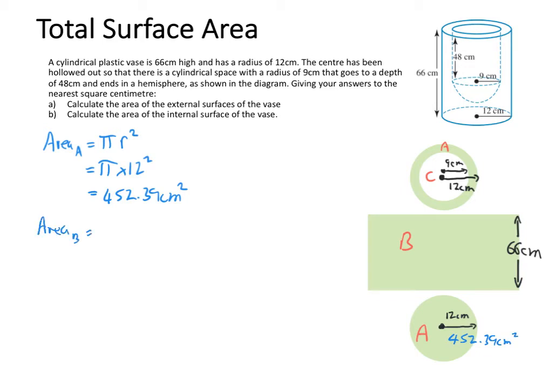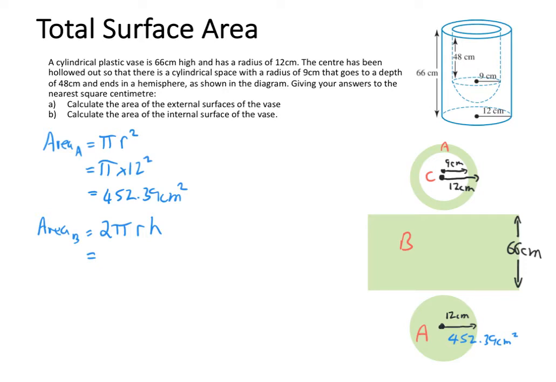Area of shape B. Now that is a rectangle, which I know the width, but I haven't been able to calculate the length. So I'm going to use part of my total surface area formula of a cylinder to calculate the area. And that part is going to be 2 pi times radius times height. Now 2 times pi times radius is going to calculate the circumference of the circle down the bottom, which is also the length of the rectangular side of the cylinder.